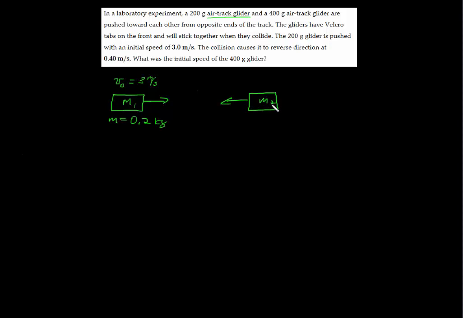We'll call it mass 2. The velocity here is, we don't know. That's what we want to know. But we know the mass is 400 grams, so 0.4 kilograms. And then they stick together. So we'll draw a little line to do our after. So they stick together.